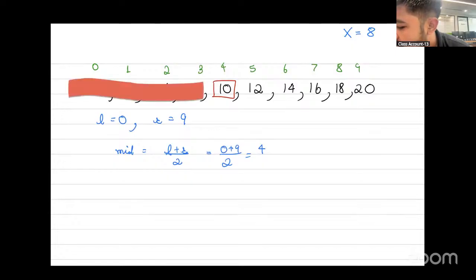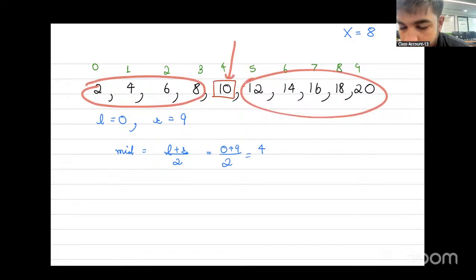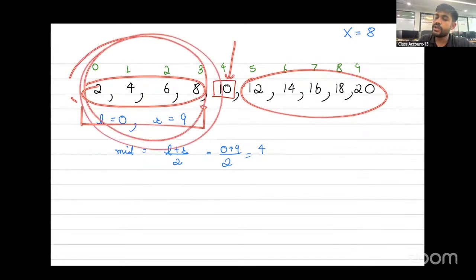It would be present on this side or this side. See, this is not equal to 8. So which side would it be present on? It would be present on this side, because the element that we are trying to find is smaller than the element that we are pointing to currently. So that is why we would go on focusing on this side.